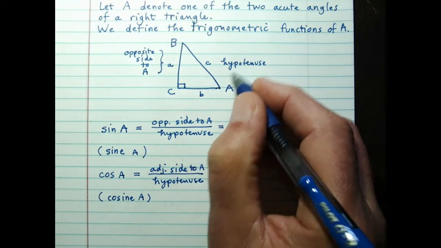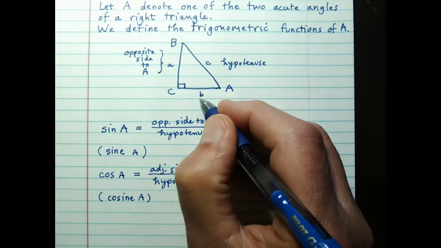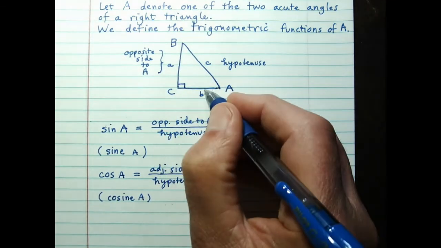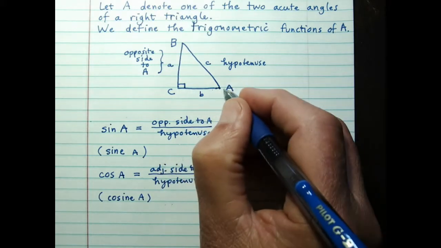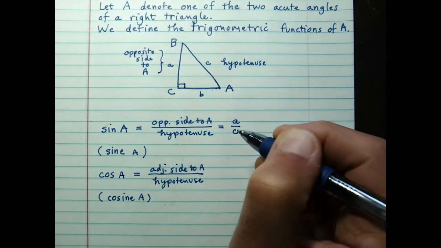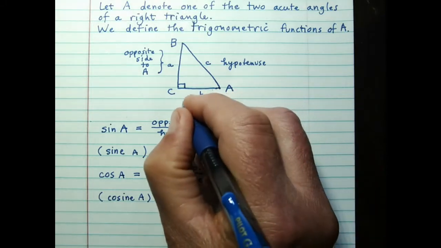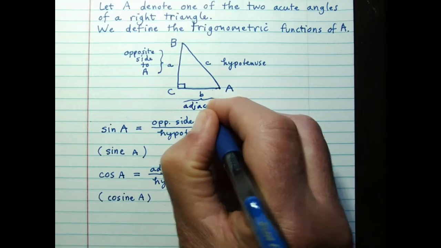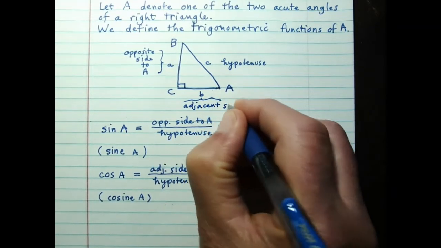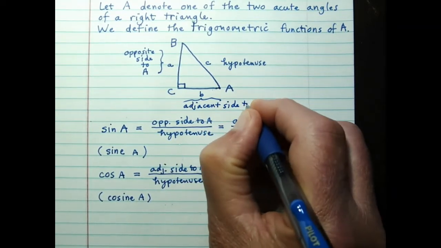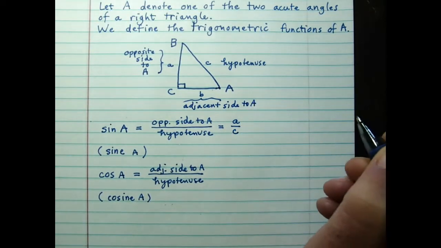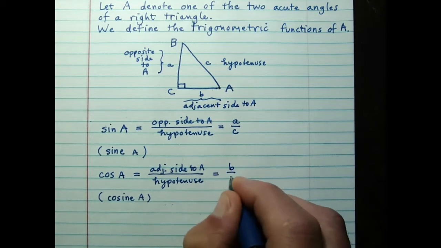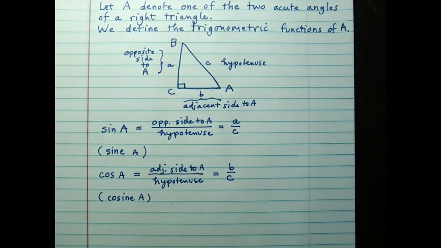That's never the adjacent side. The adjacent side is always one of the two legs. It's the leg of the right triangle that forms one side of the angle A. So here, side b is the adjacent side to A. So that's actually b over the hypotenuse c, b over c.